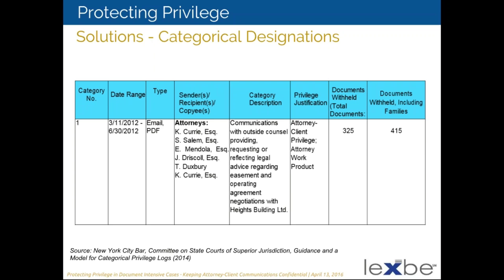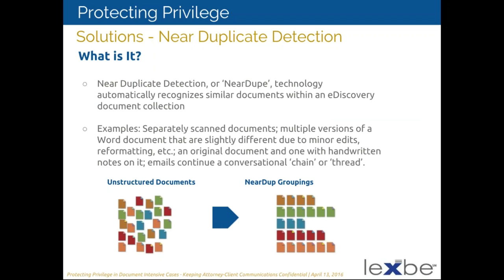So this would greatly lessen what was done. And again, this would need to be done by agreement under federal court, or the court could issue that sua sponte as well. Let me move on to near duplicate detection and talk about that a little bit.